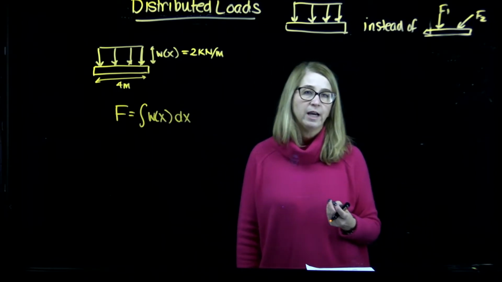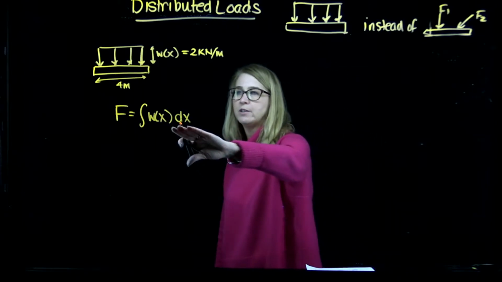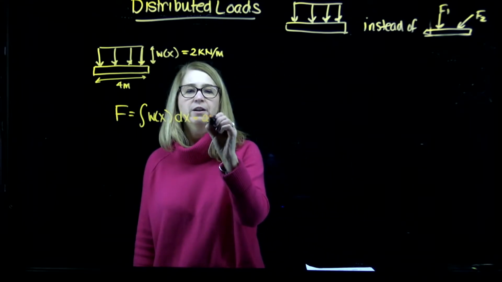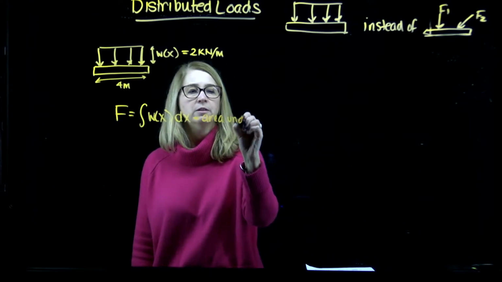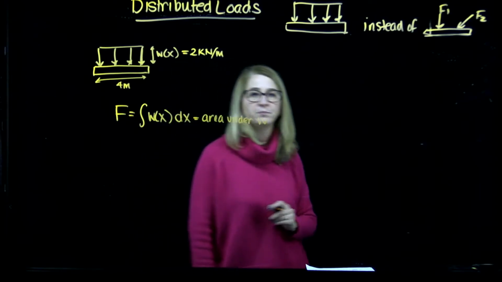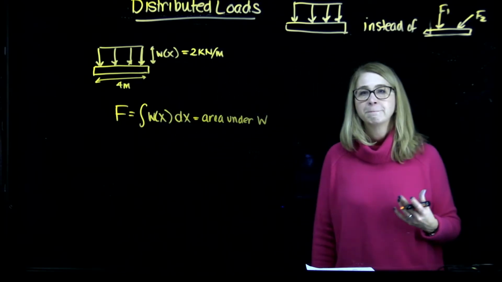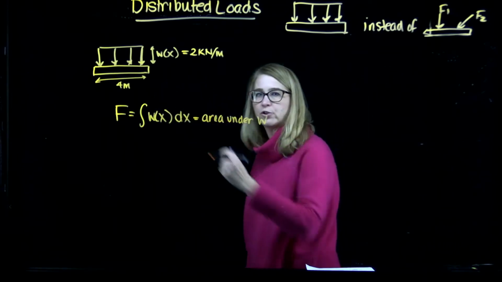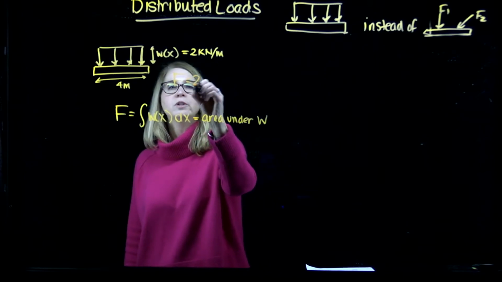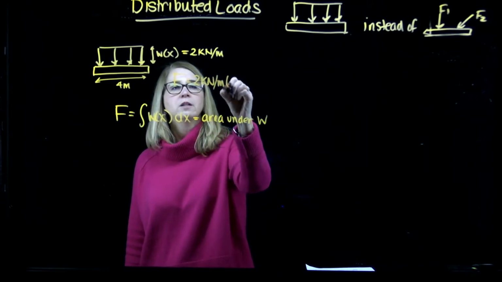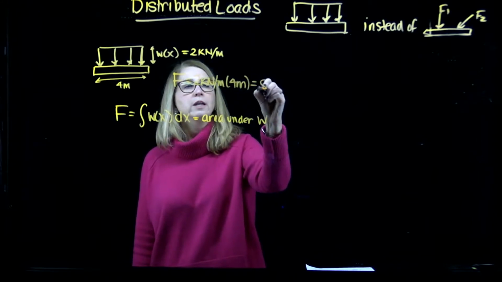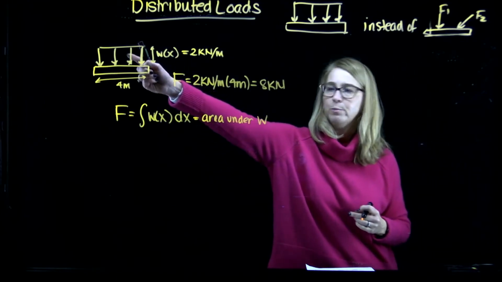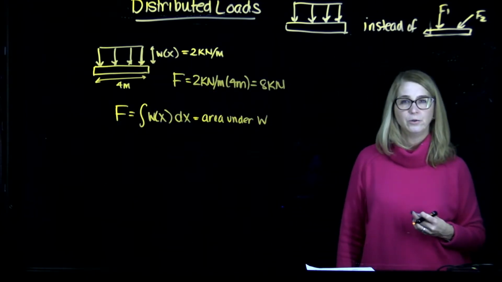And when I put this in context to this picture, it's really just the area under the W. It's just an area, so it makes it kind of easy to say that for this particular picture, the total force would be 2 kilonewtons per meter times 4 meters is 8 kilonewtons. So the total force that this beam is experiencing is 8 kilonewtons.